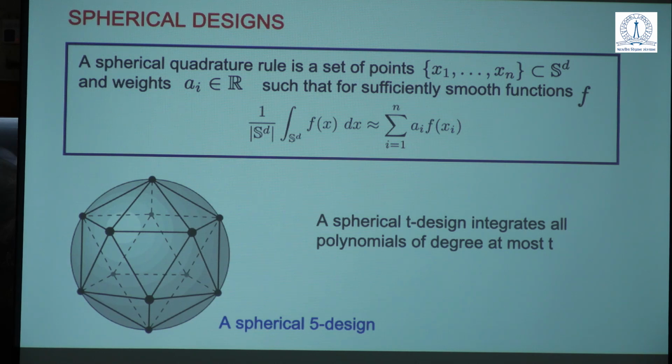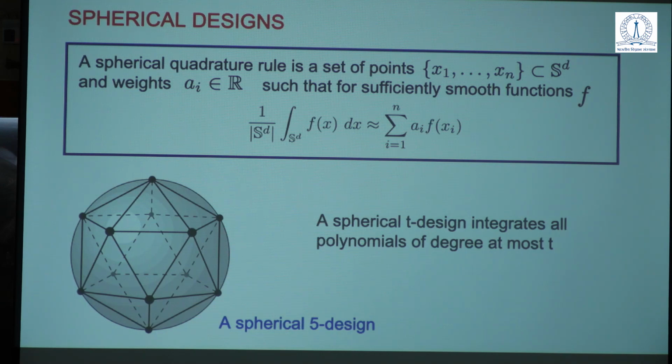You can think of them as polynomials in x1 through xn, if the sphere is living in R^n. They increase in degree: there are degree 1 harmonics, degree 2 harmonics, degree 3 harmonics, and so on, forever. These are called spherical harmonics.